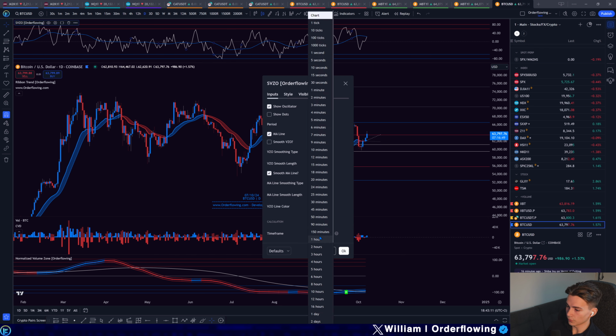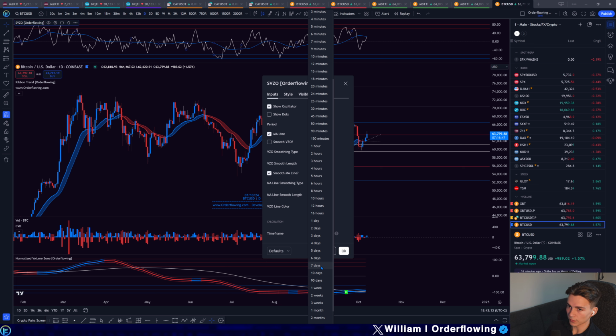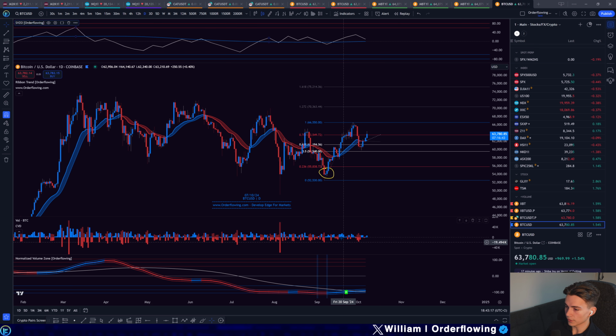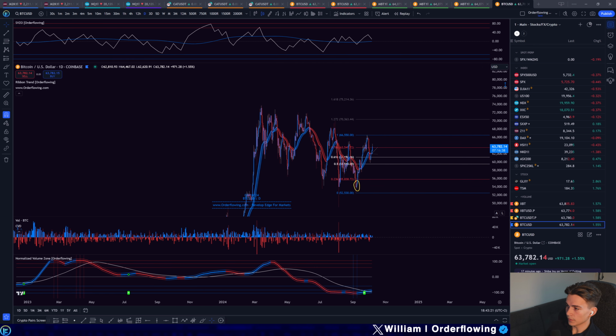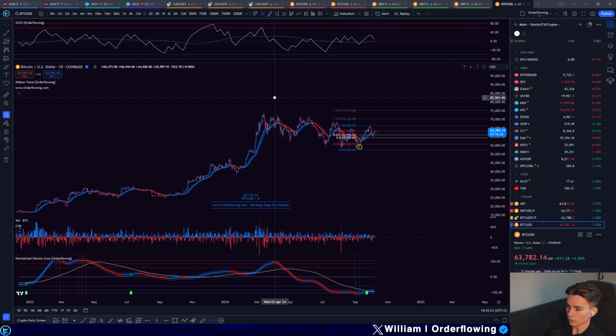We can also do this on the normal volume zone, the NVZO, the smooth volume zone. If I put that on the weekly, it's not as easy to see as the normalized volume zone.